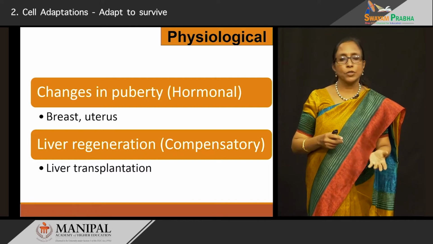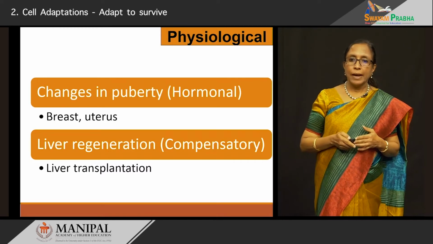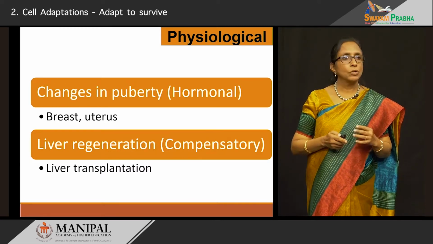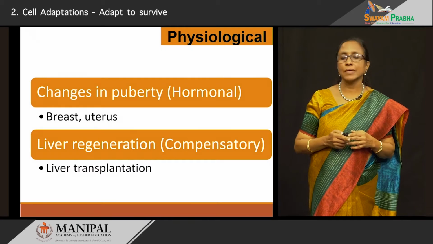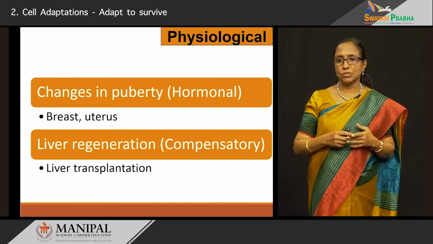Similarly, changes can occur in the uterus and other tissues as part of the hormonal change. Another physiological condition, to give an example, is compensatory hyperplasia that occurs with liver regeneration.